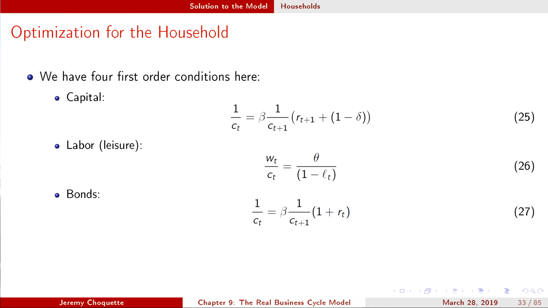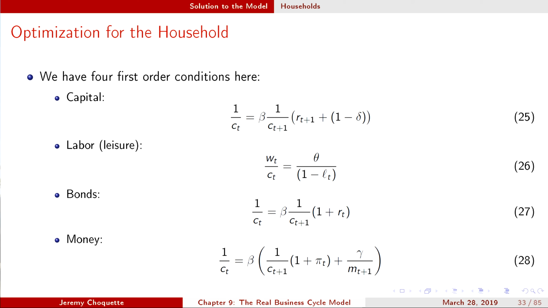That yield is not going to be the same as the yield that you would get by lending to a firm. So there are different interest rates that we could think about going on here as well. Now, finally, there's money. This really isn't very different than what you saw in the money in the utility function model.